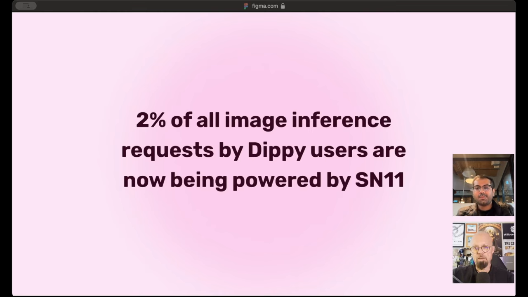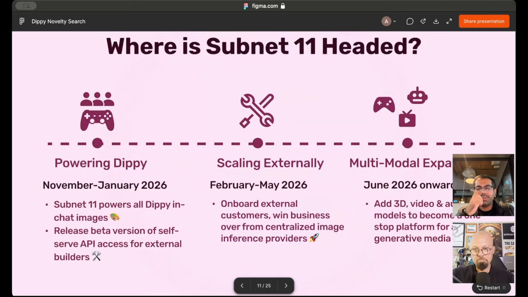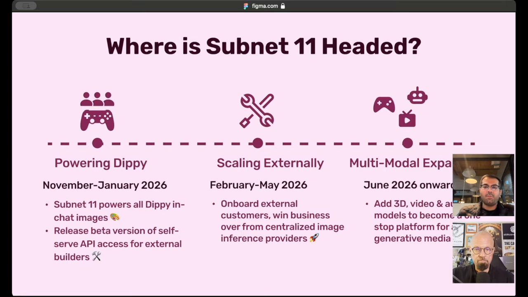Got it. Okay. And this is sort of the roadmap for where we're going. As I mentioned, the plan right now is to scale so that all the images produced on Dippy are being powered by SN11. We then want to start onboarding external customers, manually early on, still early days.